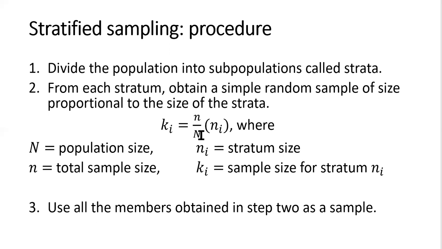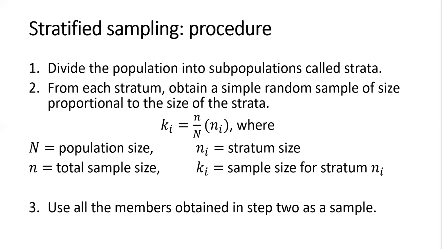Lowercase n divided by uppercase N is the proportion of the sample, the percentage of the sample compared to the size of the population, and then you multiply by the size of each stratum. You do this calculation for every stratum, and that gives you the sample size from that stratum.